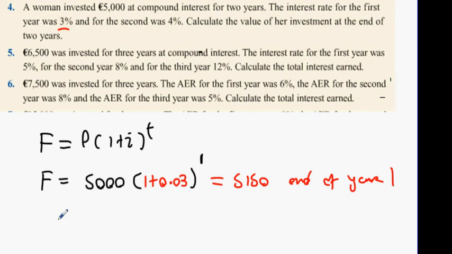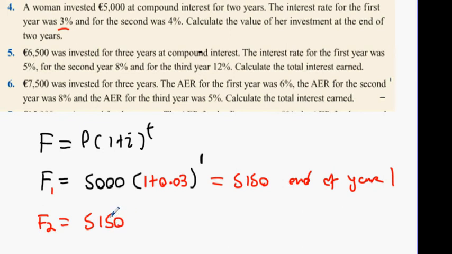Now we're going to do year 2. We're going to invest it again, but this time we're not investing 5,000. How much are we investing at the start of the year? 5,150.